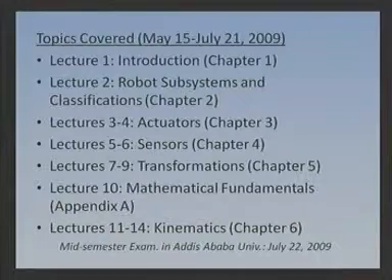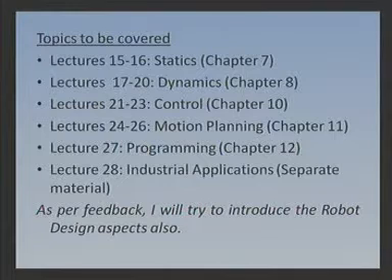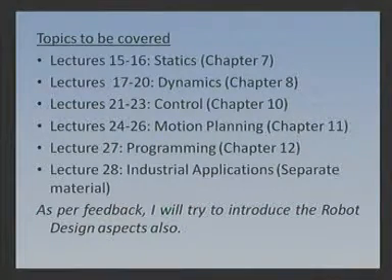We had a mid semester exam on July 22nd in your university. So, topics which are to be covered today, we will start with statics, hoping we will be able to finish in 2 lectures. Then it will be followed by dynamics. We will have a couple of lectures, maybe I have put 17, 18, 19, 20, maybe 5.